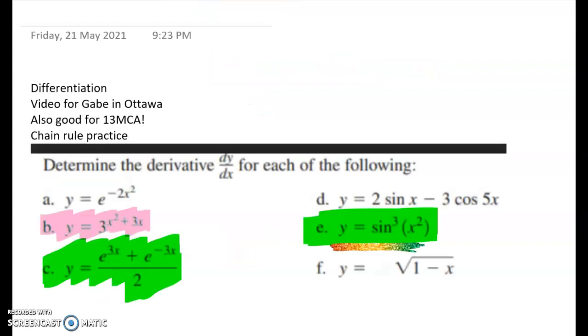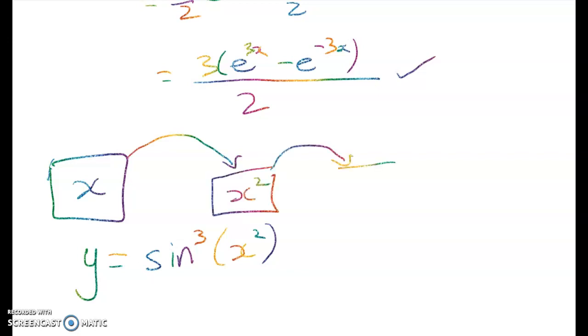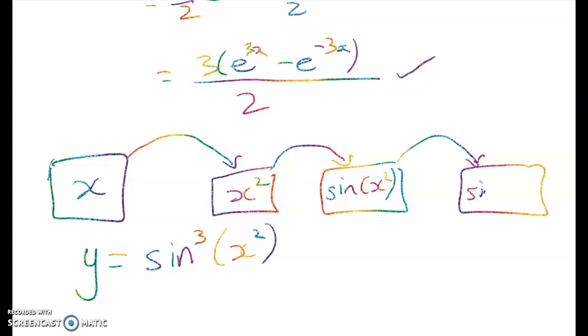I think that's what it was. Yep. Right, so we start off with our little x, and we think about what happens to it. The first thing that happens is that x gets squared, and then it has sine of that number taken. So it becomes sine of x squared, and then that number is getting cubed.